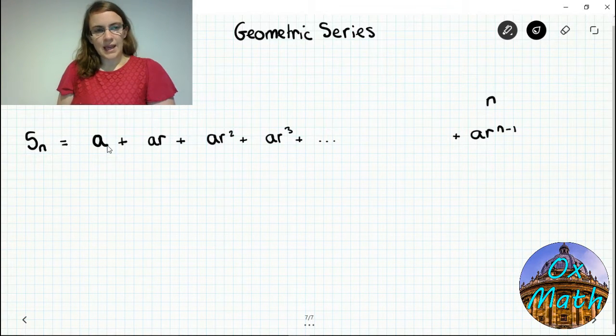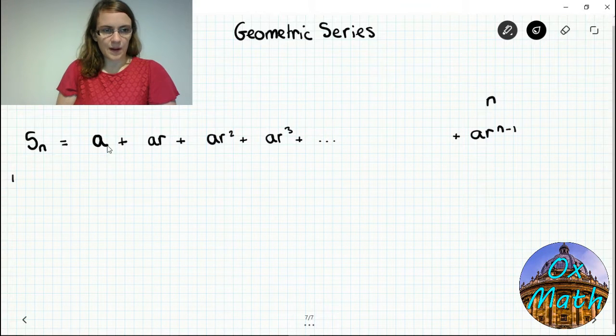Luckily, there is a method that we can use where we don't have to physically work out every single term and then add them up. There is a clever way of doing it. If we multiply our sum by r to begin with, that means that we need to multiply every single term by r.